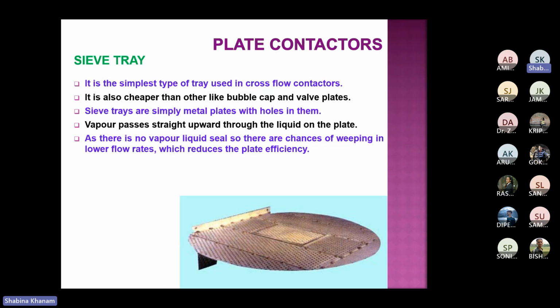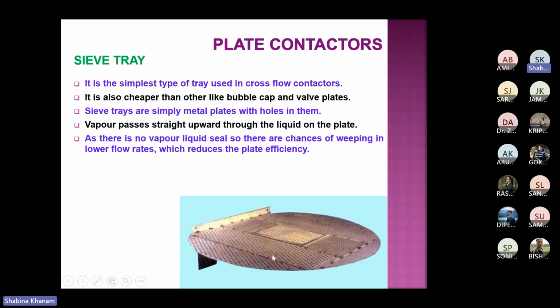However, if the vapor flow or vapor velocity is lower, the liquid will start moving down through these holes. That we call the weeping condition, which we have already discussed, and it is a completely undesirable condition because it will block the path of vapor to move. So we should not allow the weeping condition.